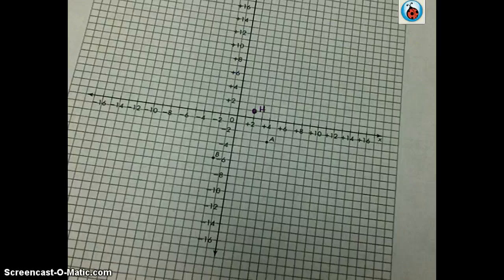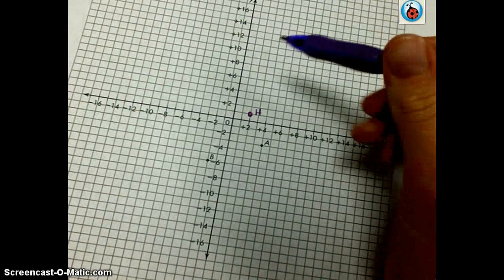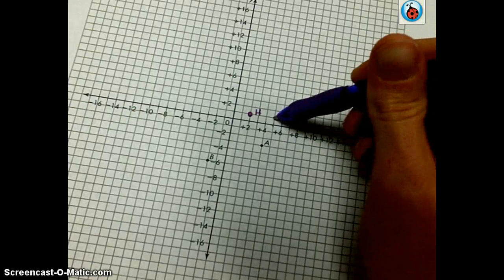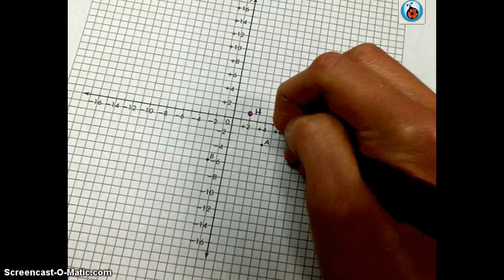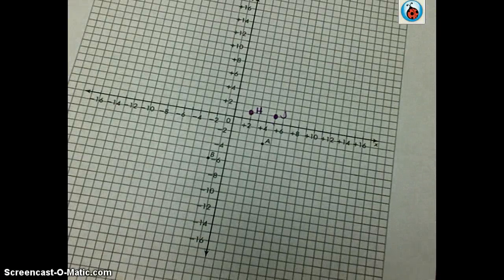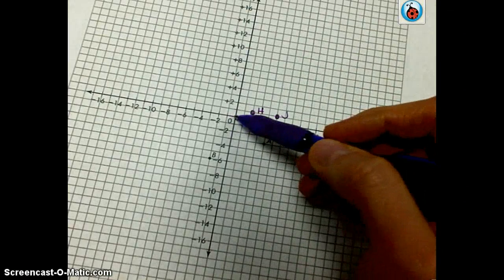Number 15 for point J, 5, 1. On the X-axis, you're going over positive 5 and up positive 1. Plot your point and label it J. For point K, we have 0 for the X, so we stay at the origin.